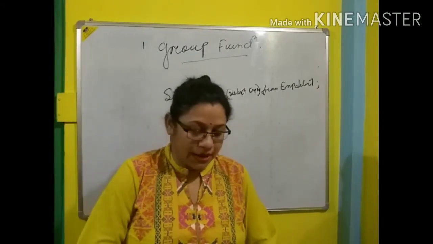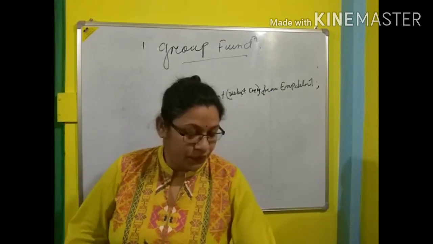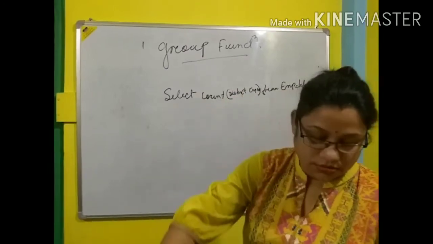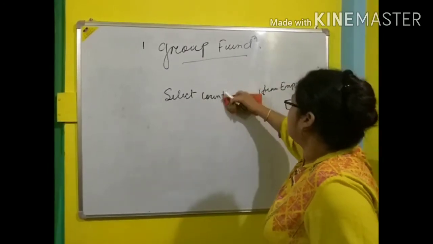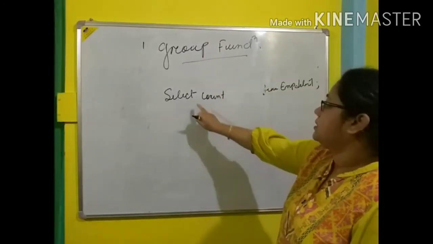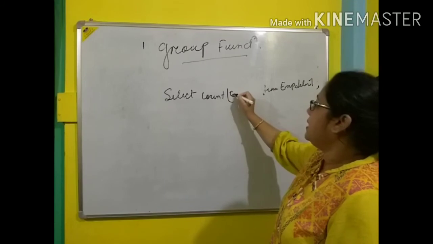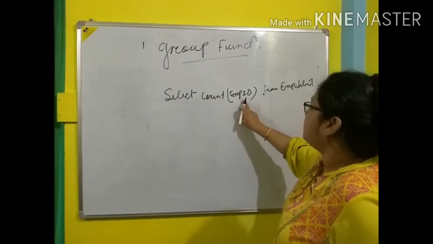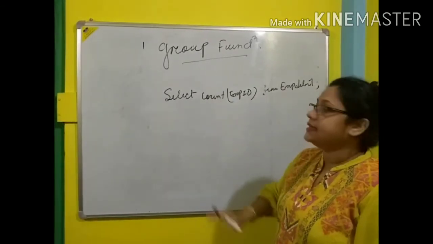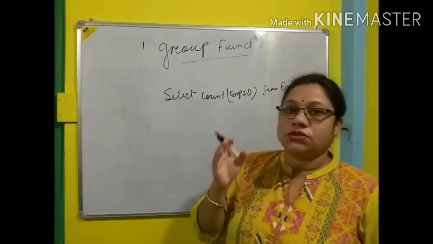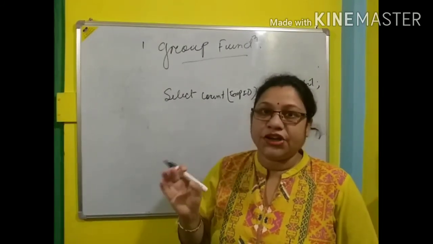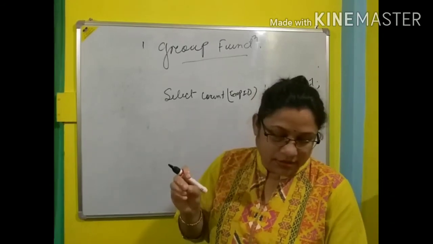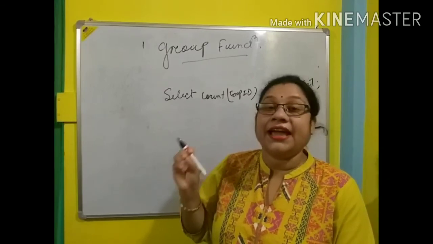Okay, sorry students, one point is wrong here. If you write select count employee ID from employee details, then it will display 8 rows, not 3 as I told you earlier, because we have 8 rows.